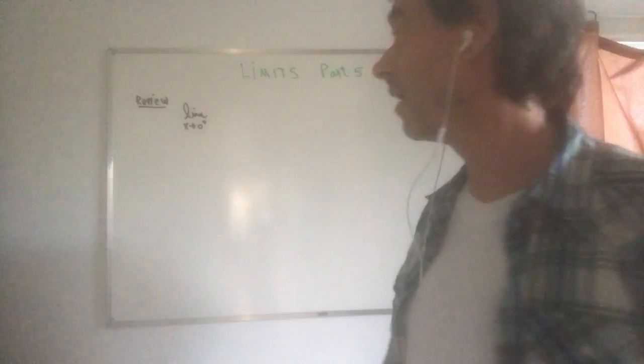You remember that we saw that the limit as x approaches 0 from the right side of 1 over x actually gave us plus infinity, and that the limit as x approaches the same 0 but from the left side gave us minus infinity.